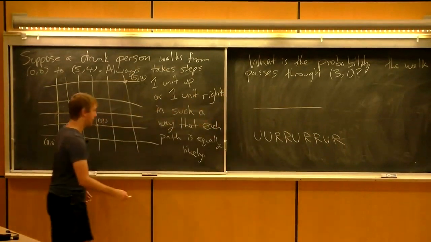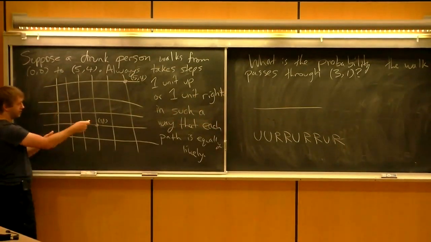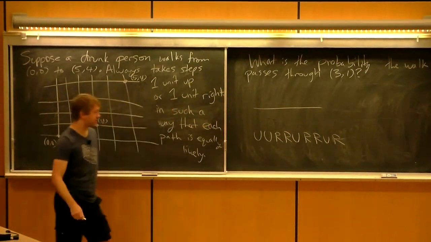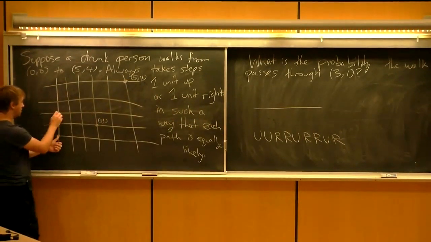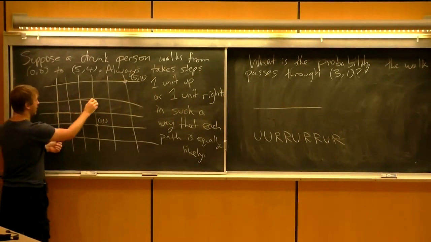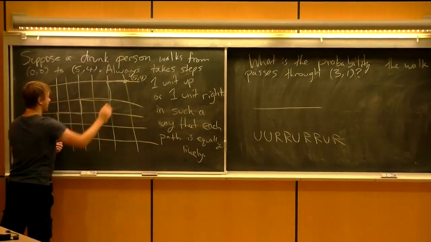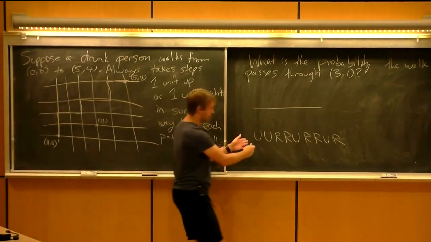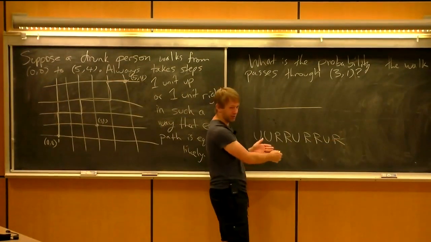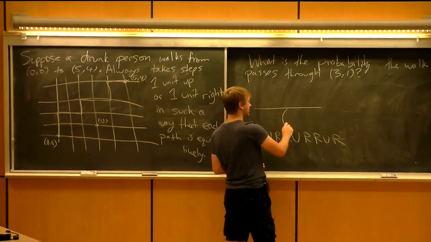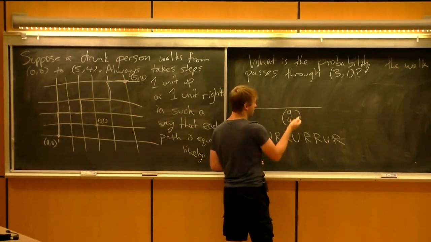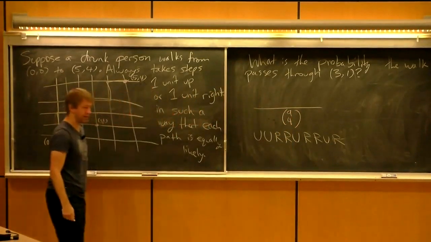This kind of sequence of ups and rights would correspond to a path where I go up, up, right, right, up, right, right, up, right. There's always going to be 9 steps, and you just need to pick which ones are ups and which ones are rights. So let's say 9 choose 4. Doesn't matter if you write 9 choose 4 or 9 choose 5.